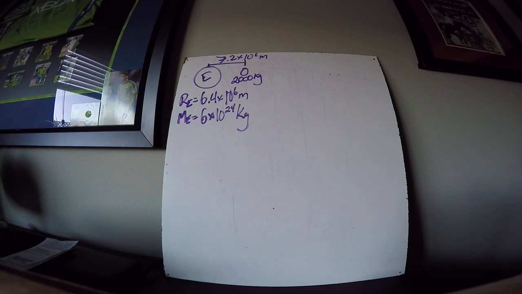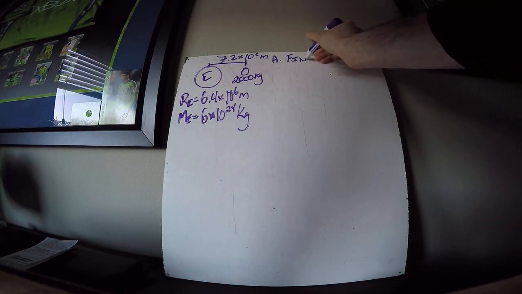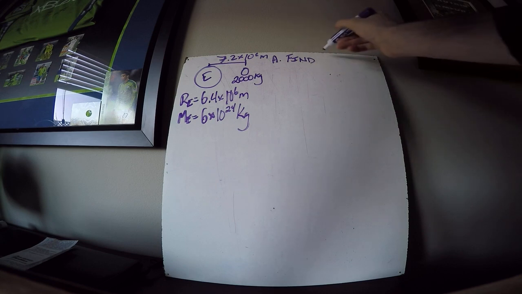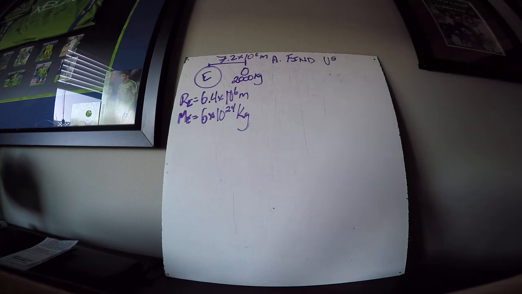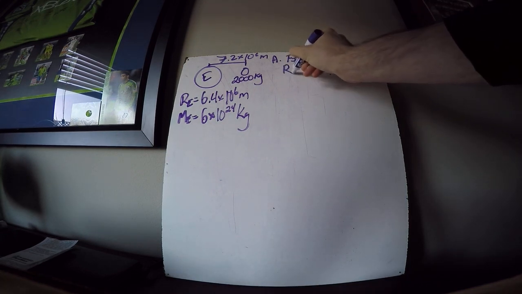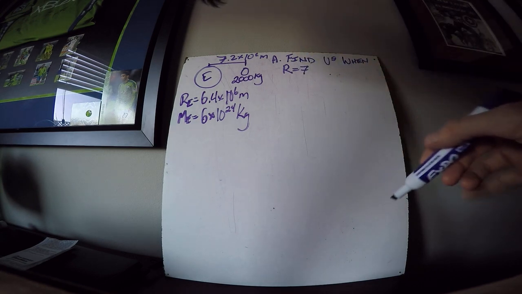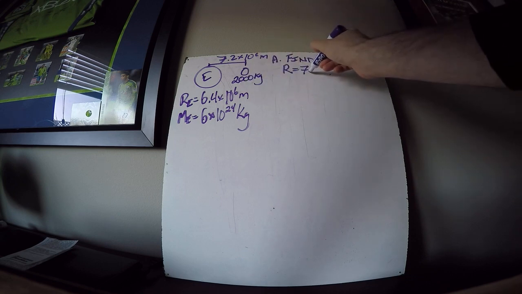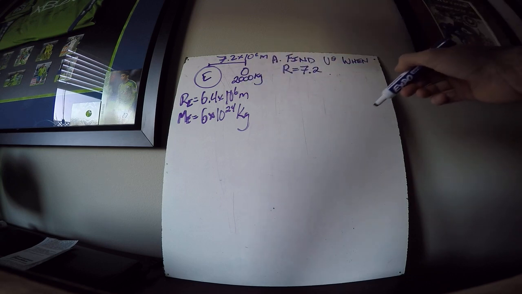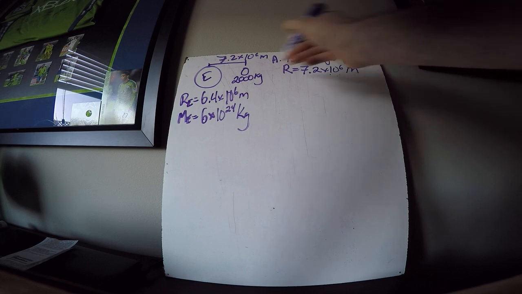Cool. So what I want you to do is find the potential energy when r equals 7.2 times 10 to the 6th meters away.